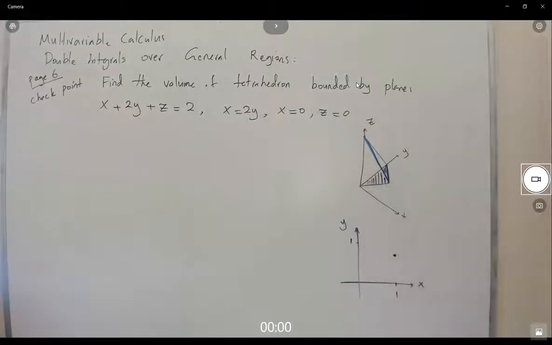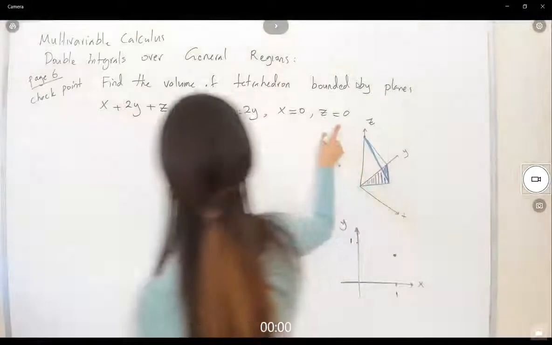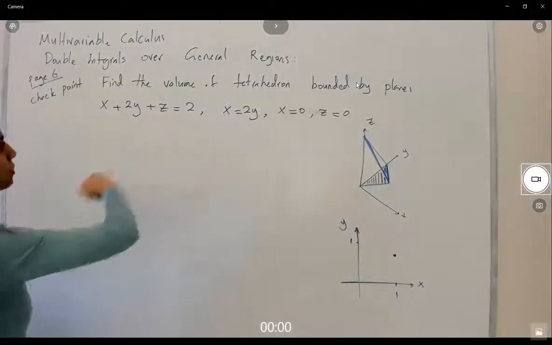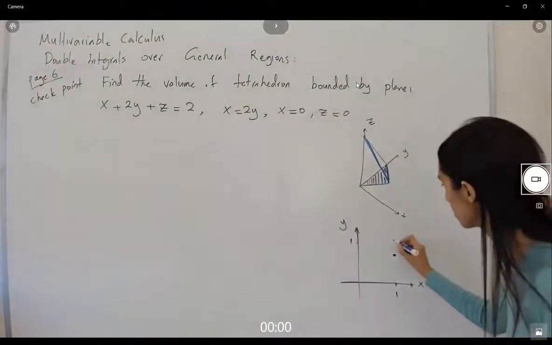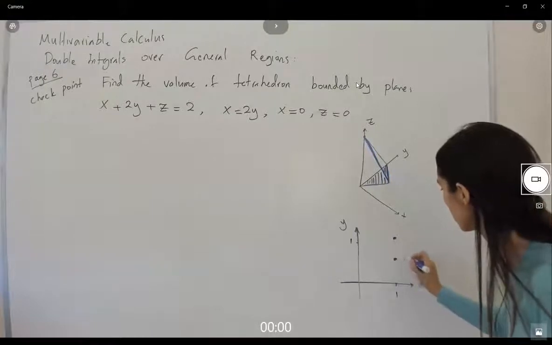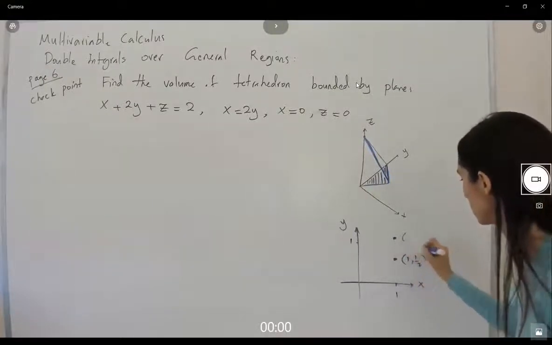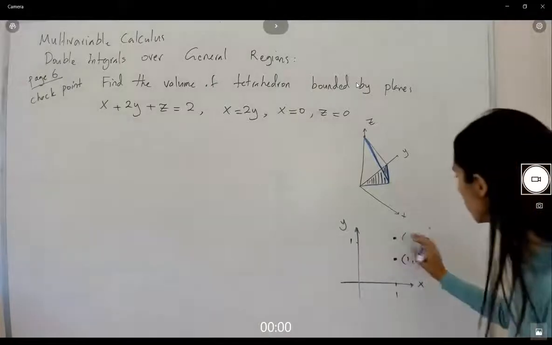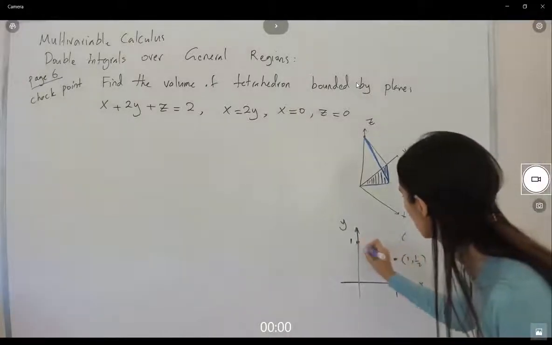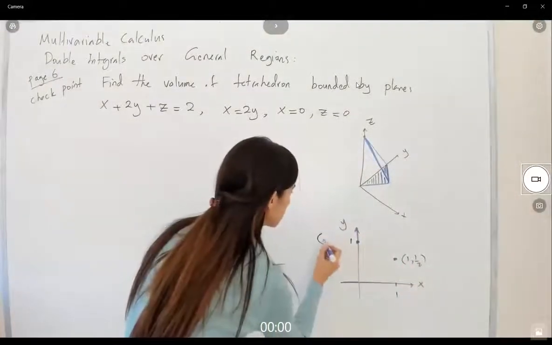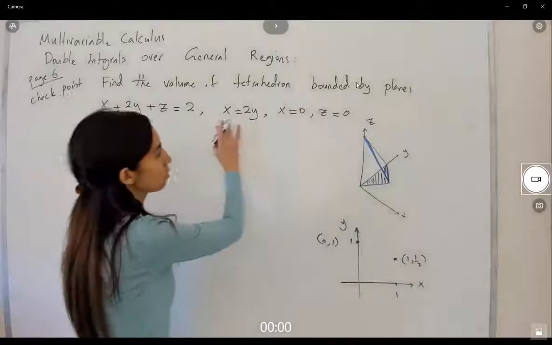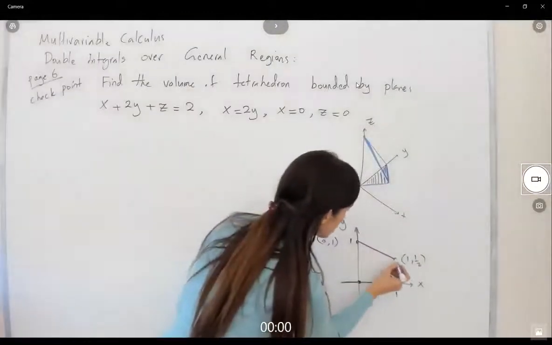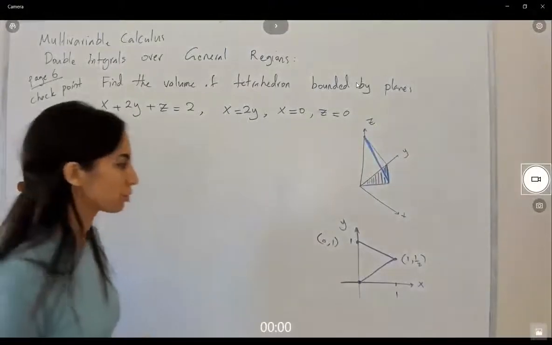So when x is equal to 0, z is equal to 0, then your y is equal to 1. Okay, this is 1/2. This is 0 and 1. So let's see, what else do we have? We know that x is equal to 0. When x is equal to 0, y is equal to 0. So this is the information that helps us to visualize the projection.